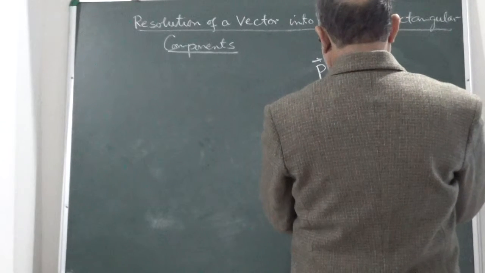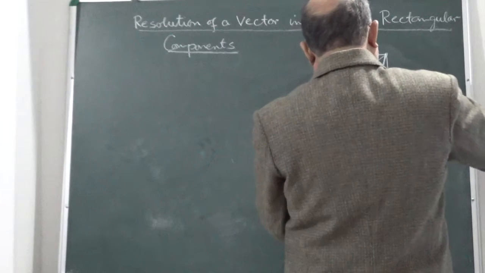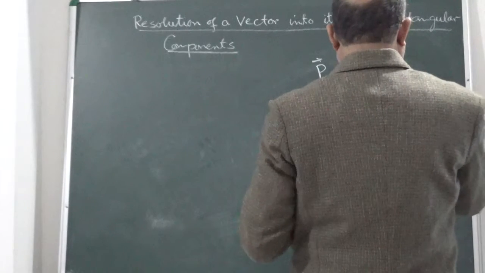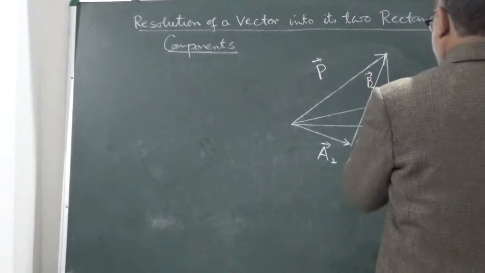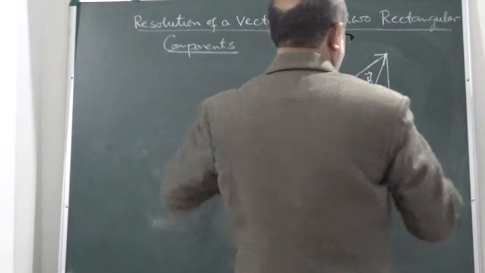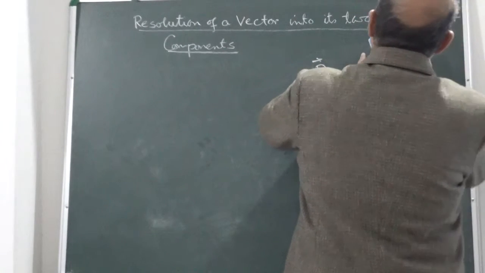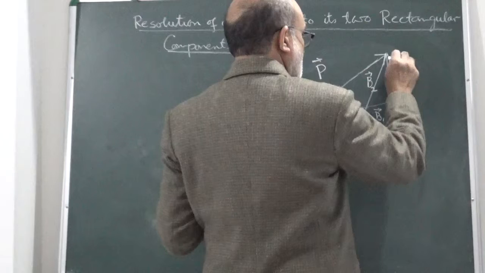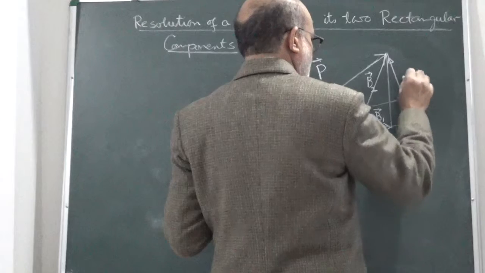Another pair of rectangular components is A3 and B3.